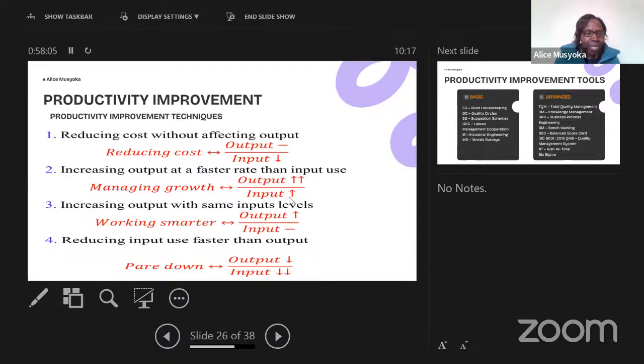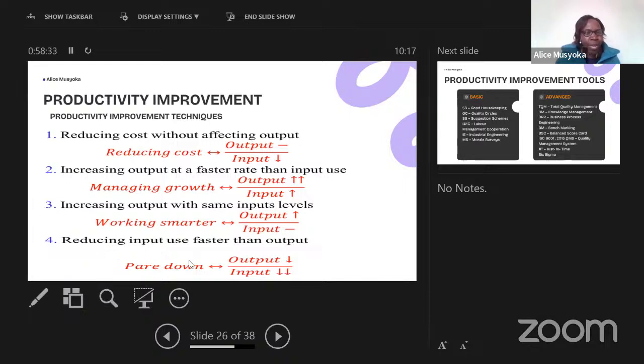Again, when we talk about inputs, we are talking about the cost of the resources. Number 3, increasing output with the same input level. So the inputs remain constant, but we are able to increase the outputs. We are able to work smart and increase the outputs.